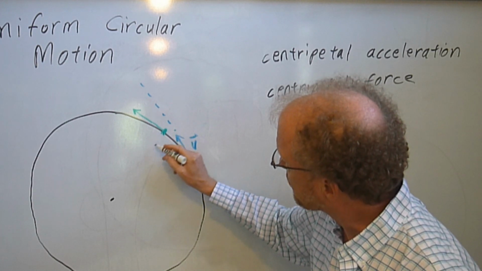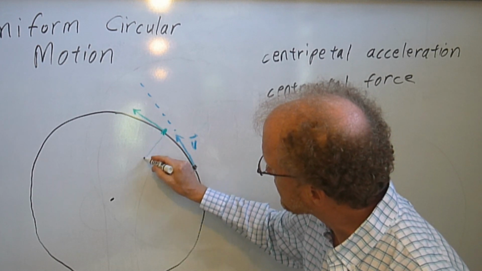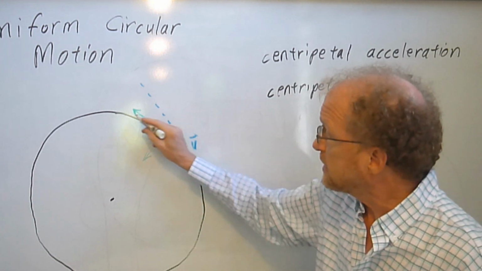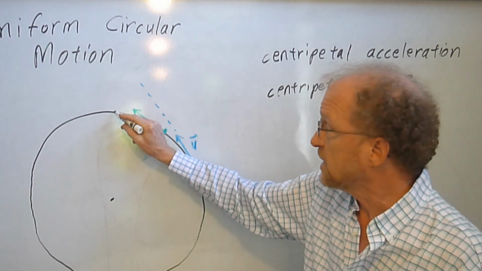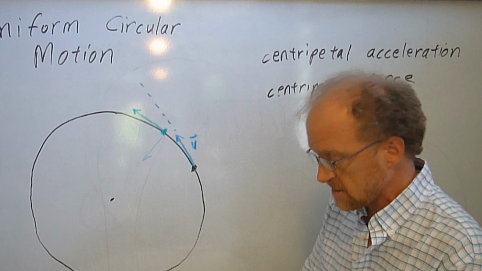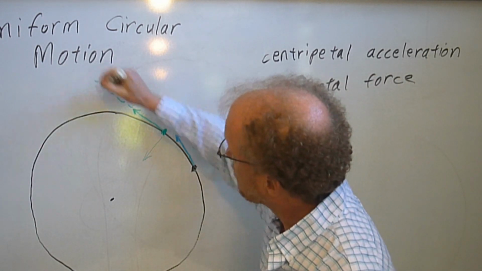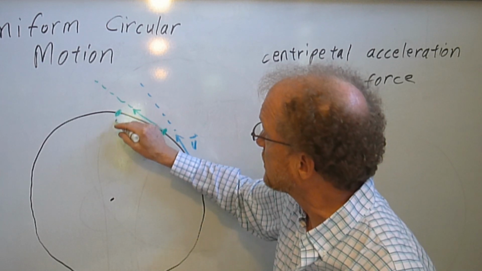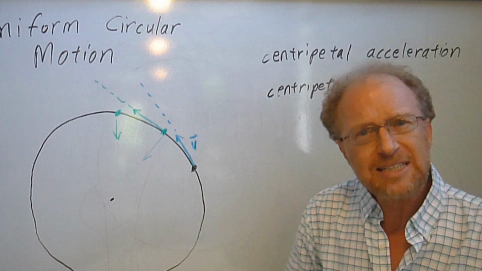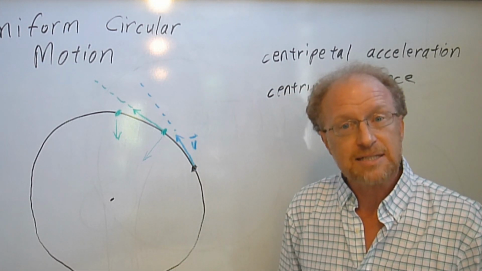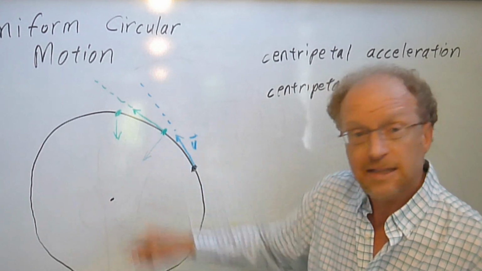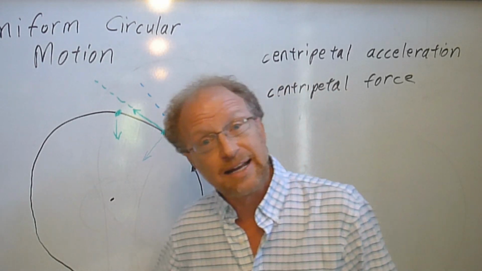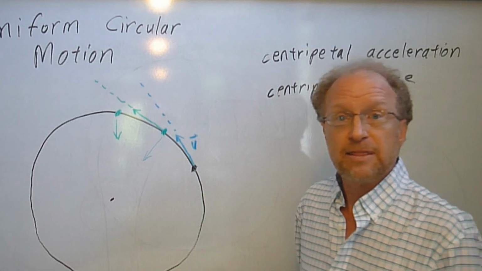So there must be some kind of a force in this direction to pull it off that path. And again, a little bit later, the eraser is over here. Same thing. It would have been along this path, but something has pulled it over to this point. It must be a force in this direction. So we can see from this quick and dirty analysis that the direction of the force is toward the center of the circle. I want to do a little bit different analysis, a little more rigorous analysis with vectors.